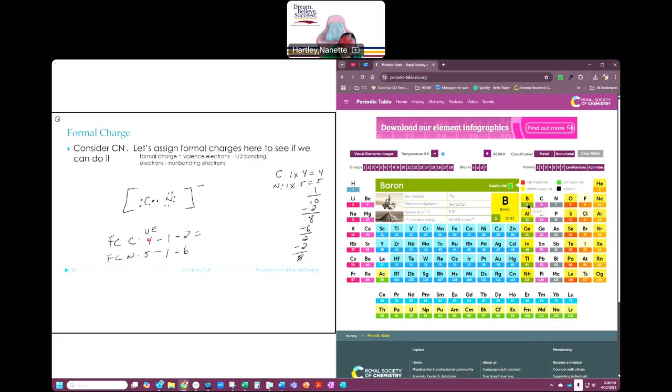So 4 minus 1 minus 2 gives me 1, which is a plus 1 charge on the carbon. And on my nitrogen, I have 5 minus 1 minus 6 is minus 2, which is a net negative 1. Now in theory, that looks fine, but I know that's not really fine. So I need to look at moving some of those electrons to minimize that charge.